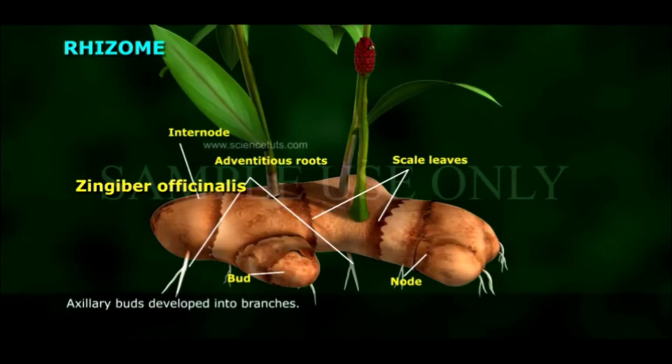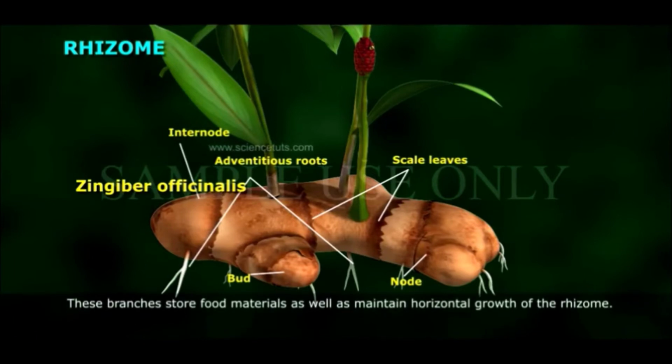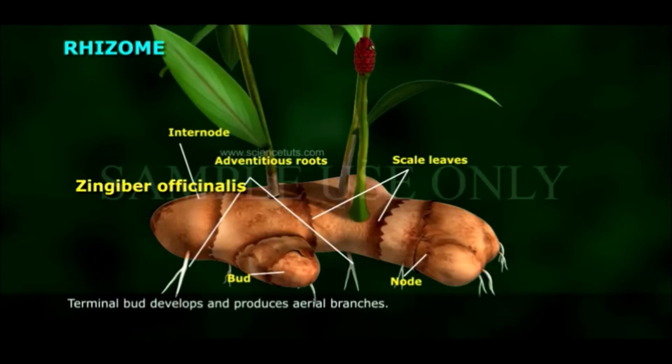Axillary buds develop into branches. These branches store food materials as well as maintain horizontal growth of the rhizome. The terminal bud develops and produces aerial branches. It remains alive even in drought conditions.